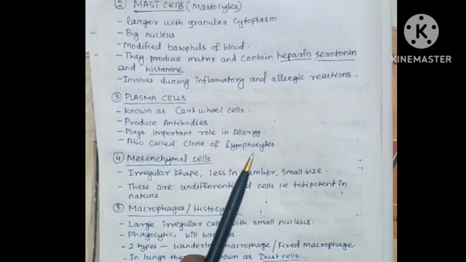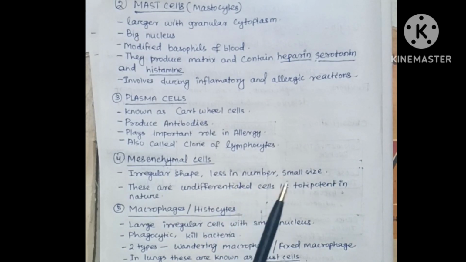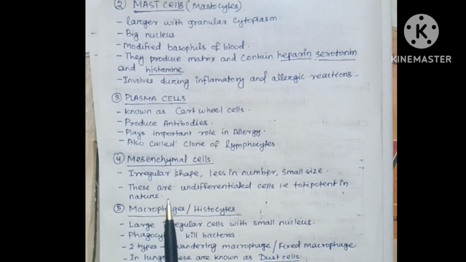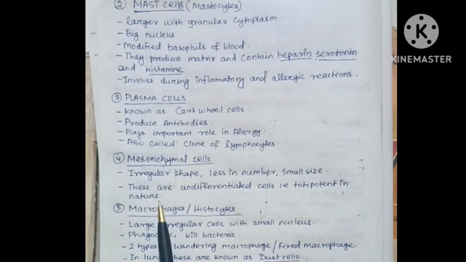Hence it is called a clone of lymphocytes. Then mesenchymal cells. These are specialized cells, irregular in shape, less in number and small in size. These are undifferentiated cells, so they are totipotent in nature, meaning they can differentiate to form any type of cell.